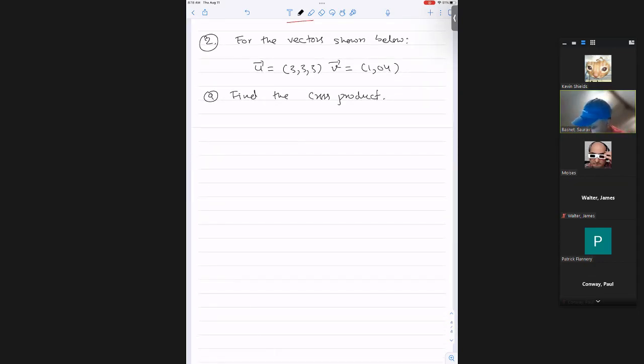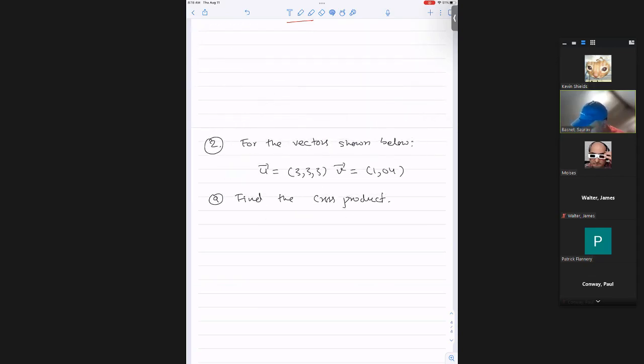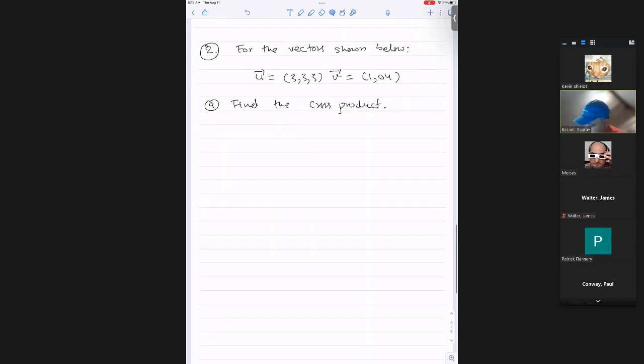Finding the cross product is not that difficult. You can just find it. Let me put this in another page, otherwise, when you print it, okay. So u vector cross v vector is similar to finding a determinant. So it will be 3, 3, 3, 0, 4.